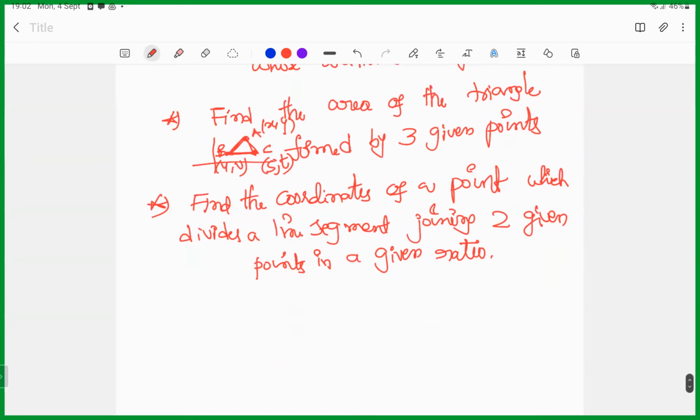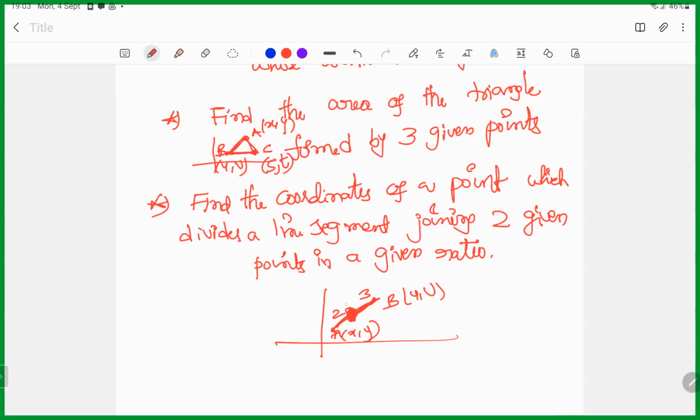This is second thing. And the third thing is, let's say line segment is given. Line segment is A, B. A is x comma y, B is let's say u comma v. This is the given line segment. And there is a point on the line which divides this line segment in some ratio. Let's say 2:3.